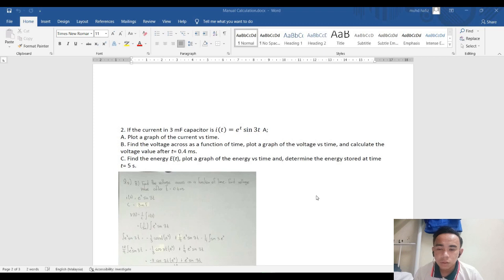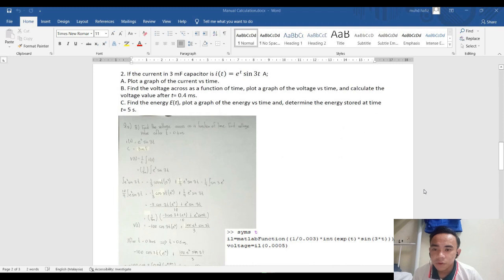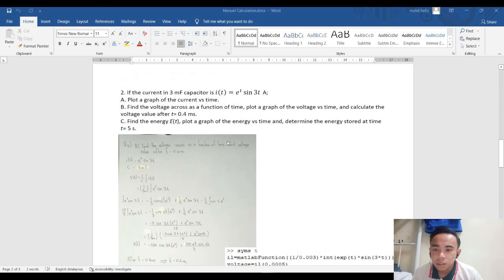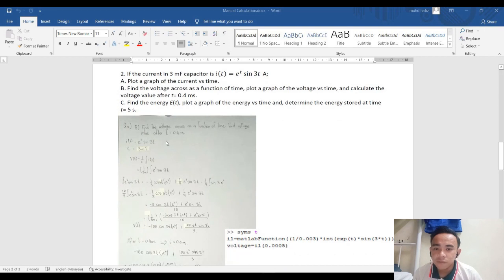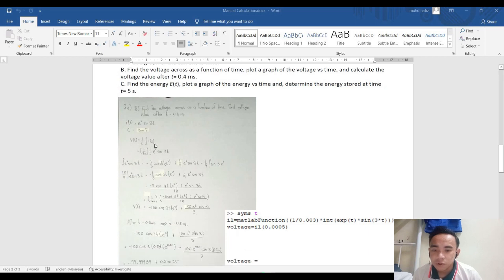Okay, next we go to question 2 for the manual calculation. For question 2b, we need to find the voltage across the capacitor as a function of time, and the voltage value after t equals 0.4 milliseconds. We use the integration technique for this question: 1 over C times the integral of e to the power t sine 3t.